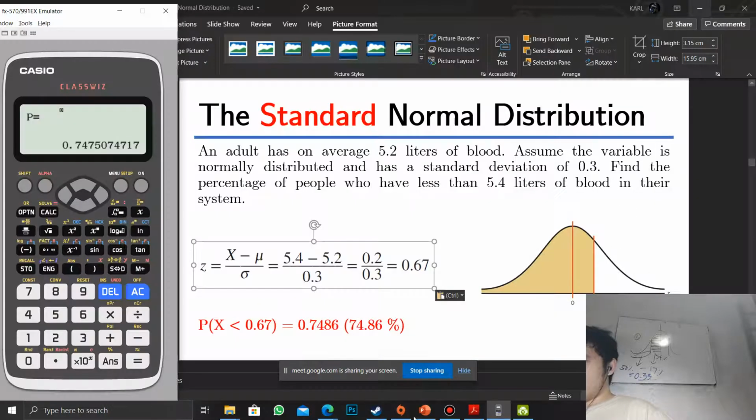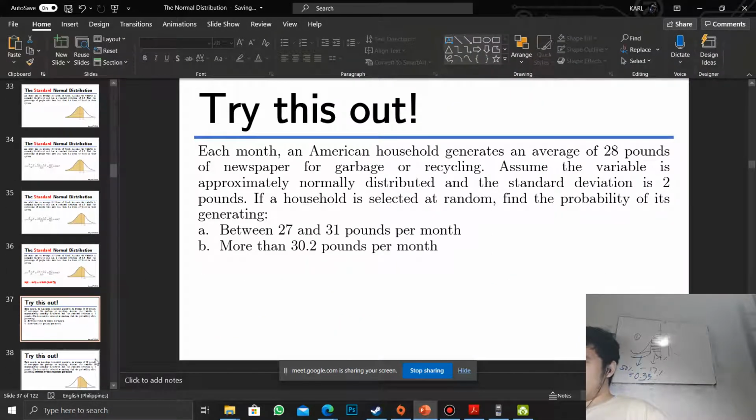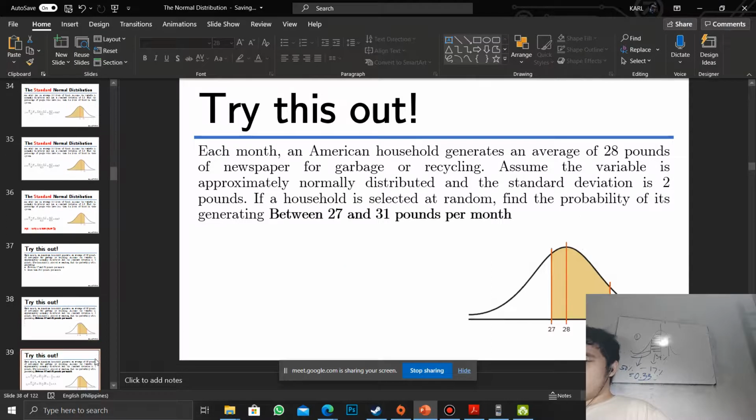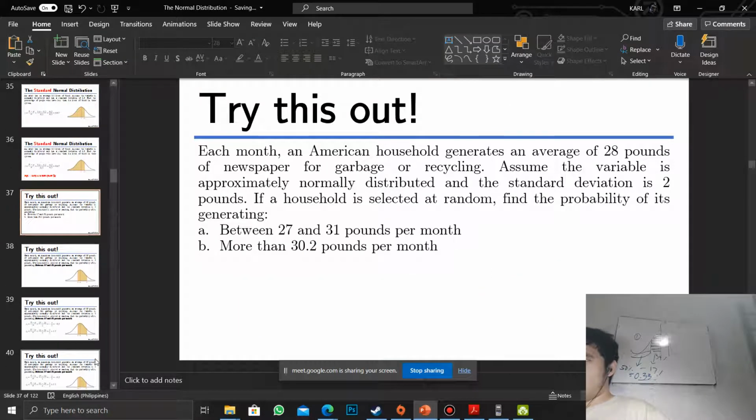Okay, sige, game. Exercise. Ilang minutes ko kaya ito bibigay? 3 minutes. Kaya to dapat in 3 minutes. If hindi, 5 minutes. Sige, go.